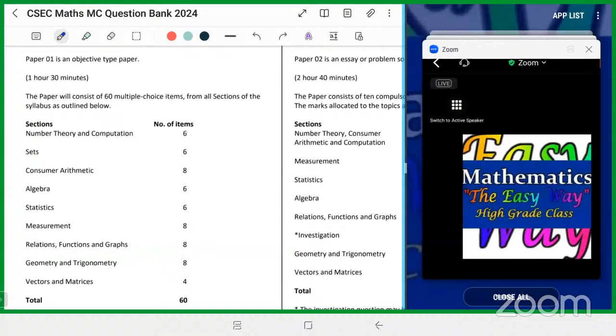All right. So because CSEC knows what is happening, they are now making changes to the questions. Understand? They're making changes to the questions, and they're also setting new questions. Now, even when they set new questions, they are still bounded by the syllabus.